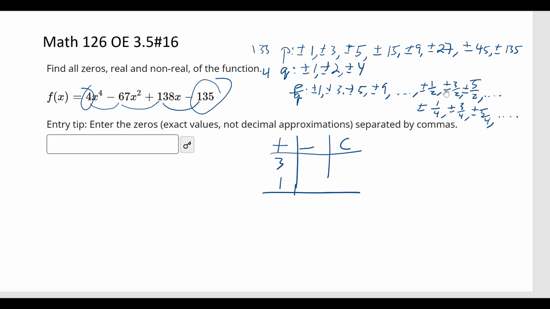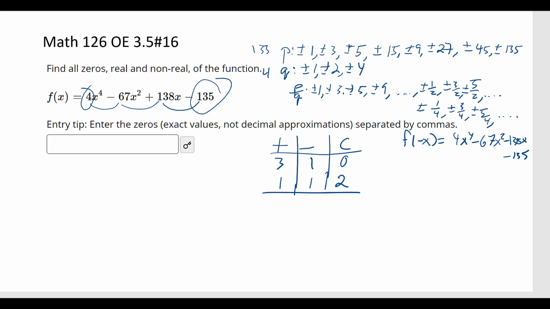If we look at our f of negative x, we're going to have 4x to the 4th, still minus 67x squared, then it's minus 138x and minus 135. So that's 1 sign change. So we'd be at 0 complex or 2 complex. So I would look for 1 positive, 1 negative, and then probably from there use the quadratic formula to see what's left. And they could be positive or they could be complex.